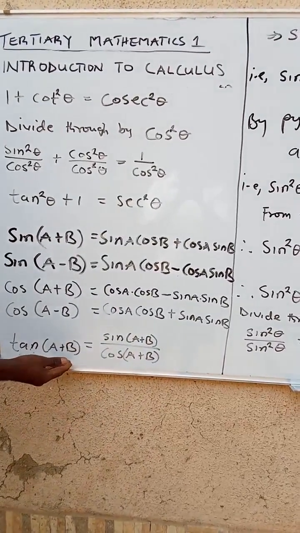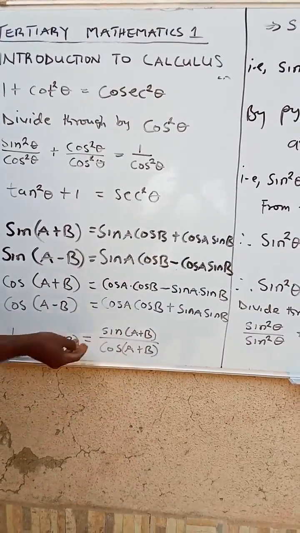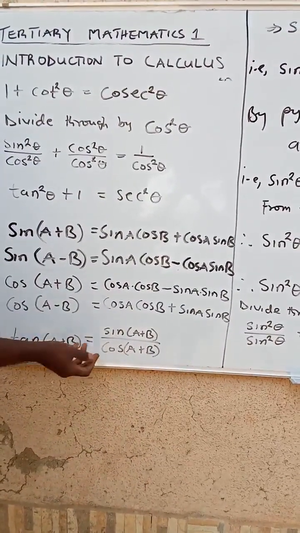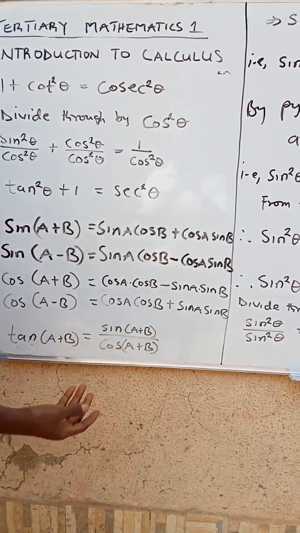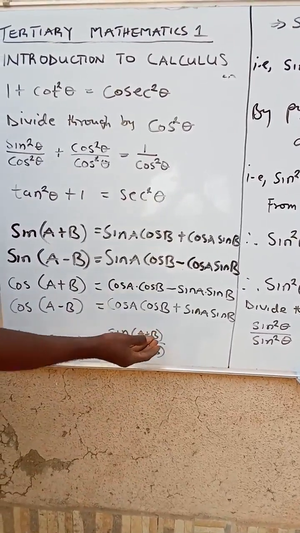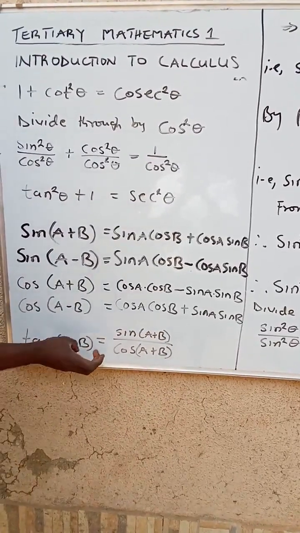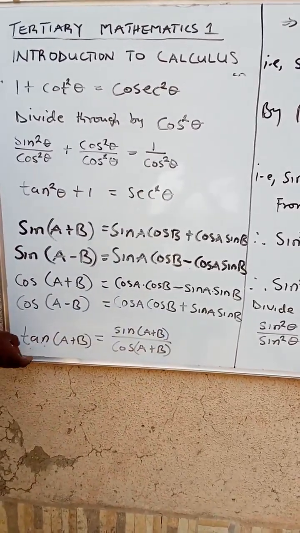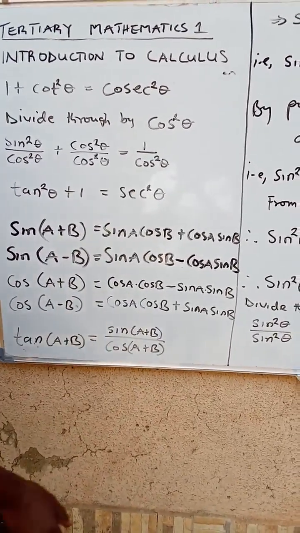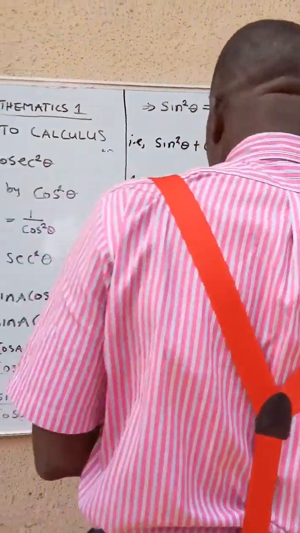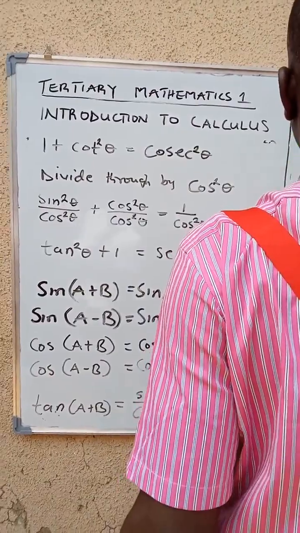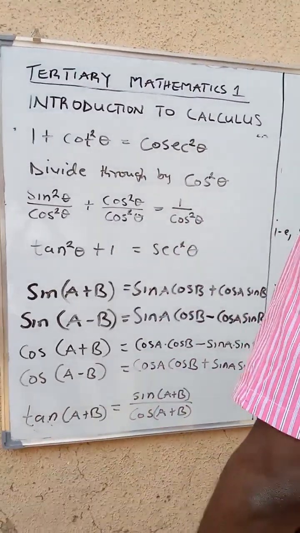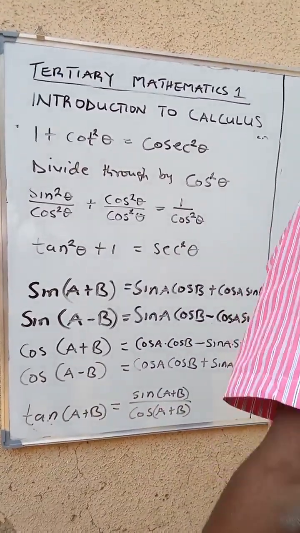Since there's A plus B as the angle, and tan is sine over cos, I still repeat the same A plus B. If this place is theta, I would have said sin theta over cos theta. If it's x, I'll say sin x over cos x. So what is here, I repeated it. But normally, tan is sine over cos. So that's where we'll do a little work.